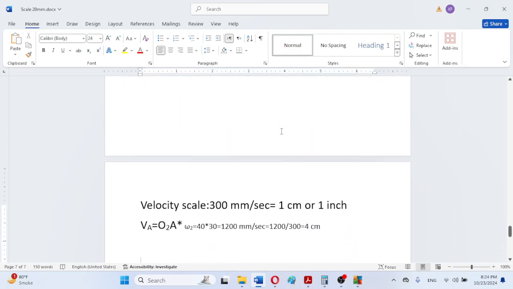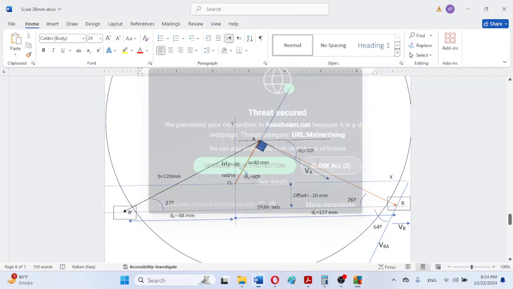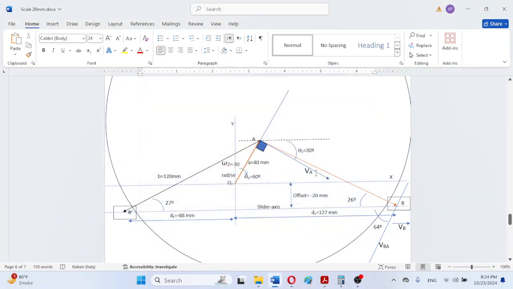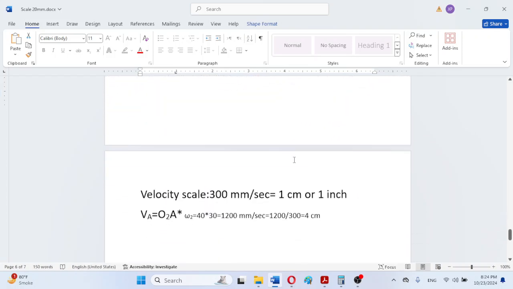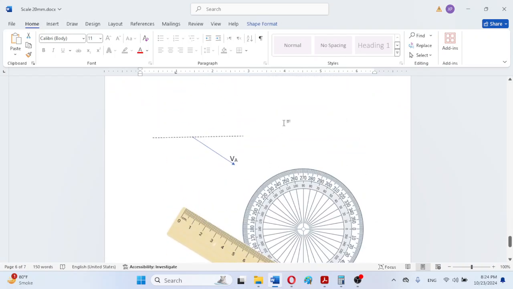Remember, there is another technique: this VA can also be transferred at the same angle, because once this angle has been specified on this positioning diagram, we can copy this vector, paste it here, and move it from the middle.